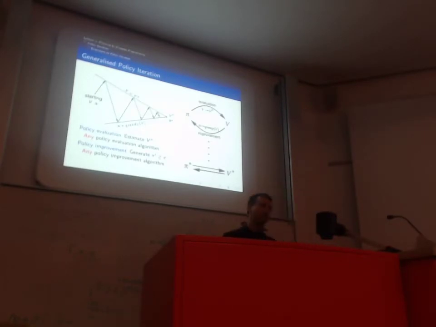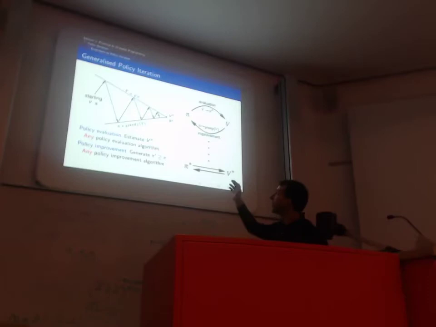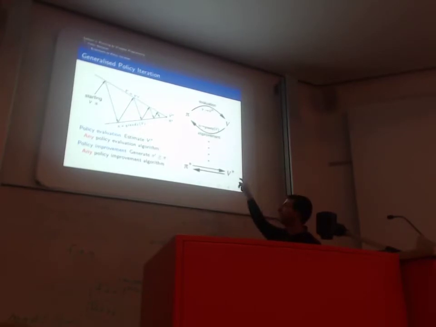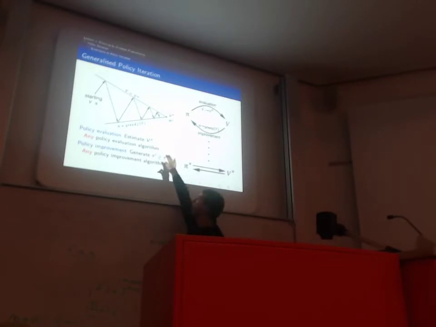Okay. Another idea we're going to use a lot throughout the course is this idea of generalized policy iteration. So what we used so far was particular algorithms for policy evaluation and policy improvement. But we can use any algorithms for policy evaluation and any algorithms for policy improvement, and the same idea will still apply. So we can evaluate our policy any way we want, and that will take us from some initial policy to some value function.